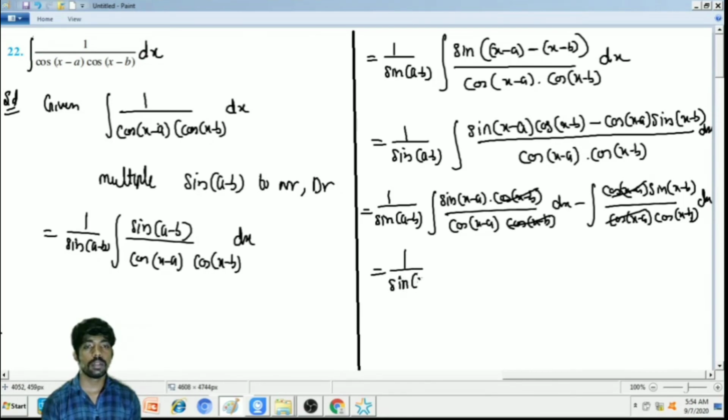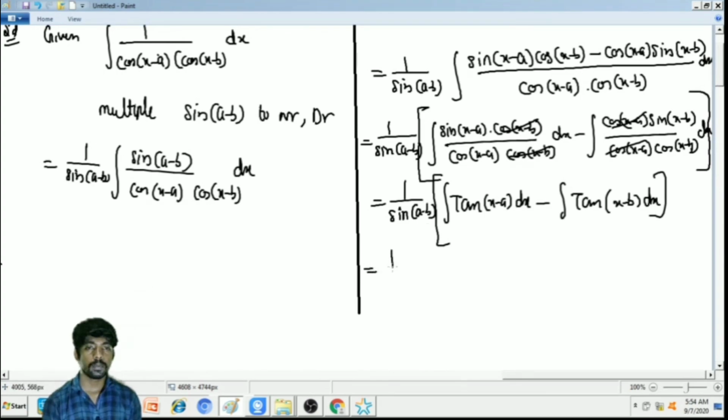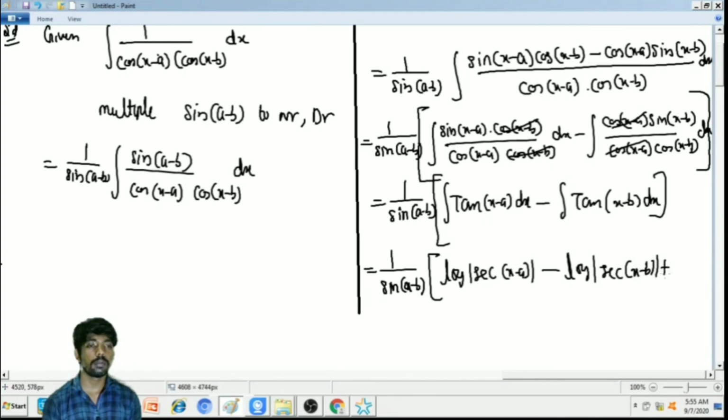1 by sine of a minus b integration, put brackets here: integration of tan of x minus a dx minus integration of tan of x minus b dx. From here we can integrate it as 1 by sine of a minus b times log mod secant of x minus a minus log mod secant of x minus b plus c.